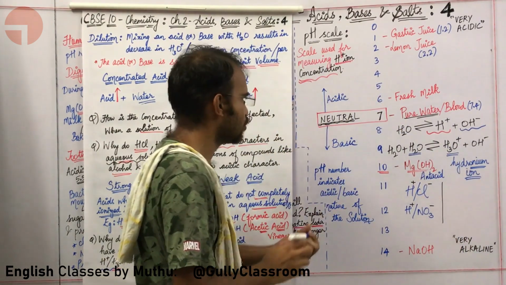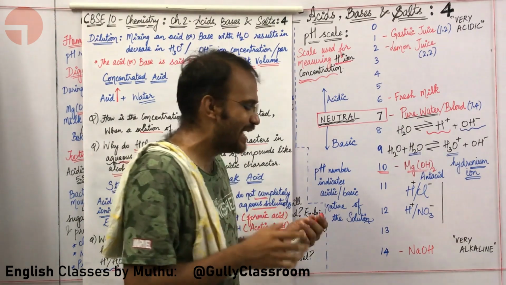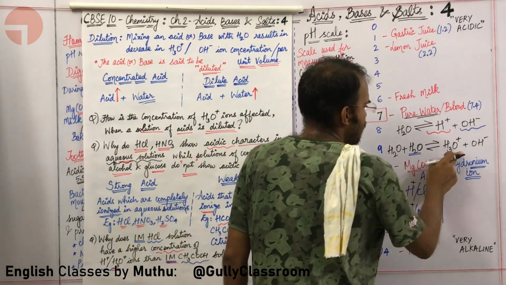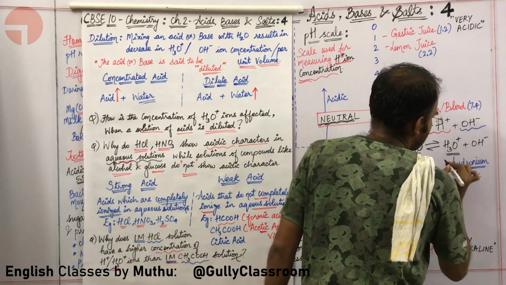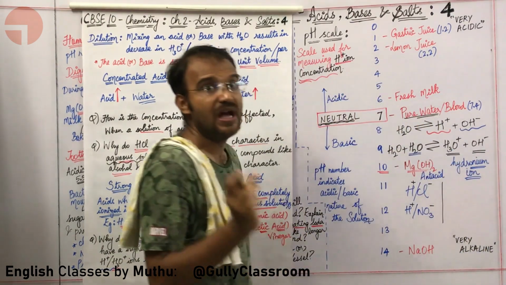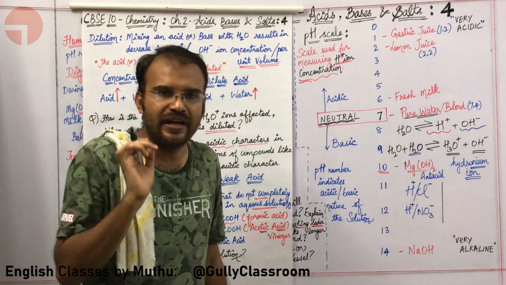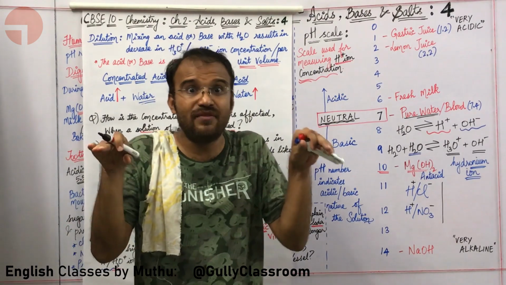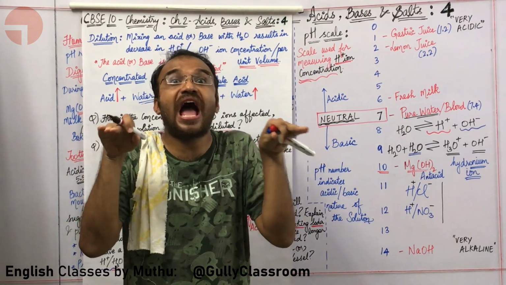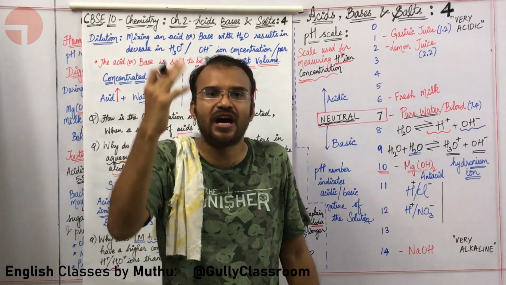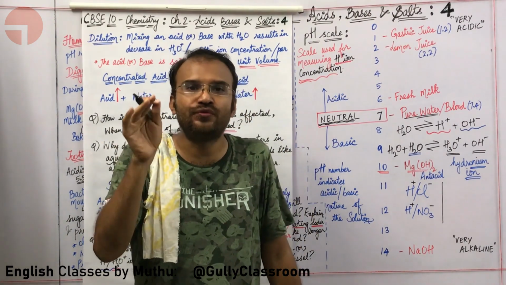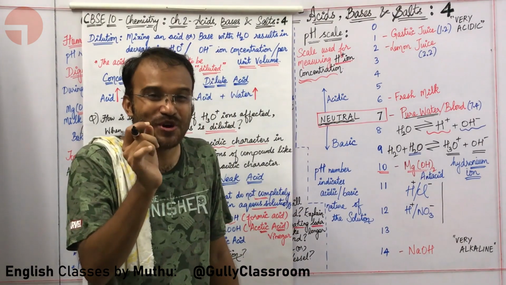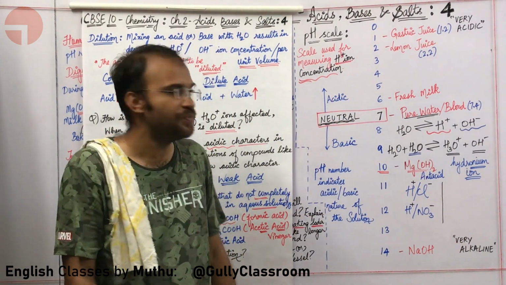Okay. So, if hydronium ion and hydroxide ion are present in equal numbers, they will balance each other and there will be no free ions. If there are no free ions, then water is neutral. Are you able to understand how I am analyzing?